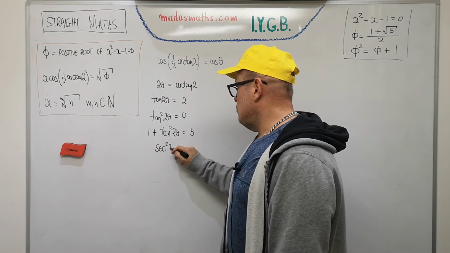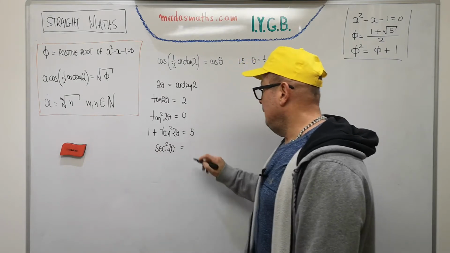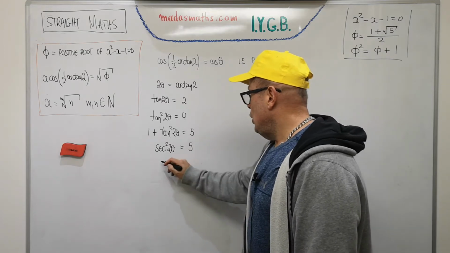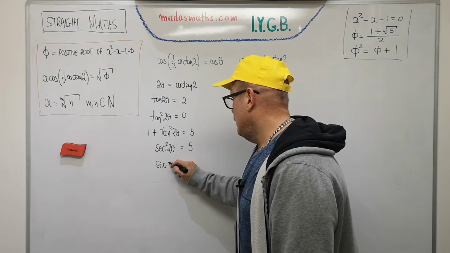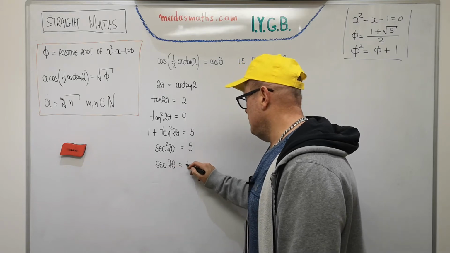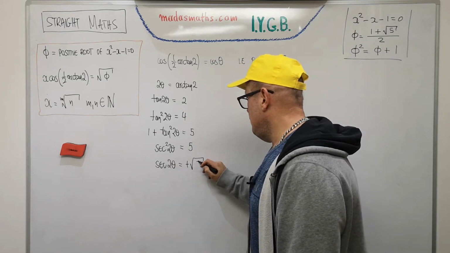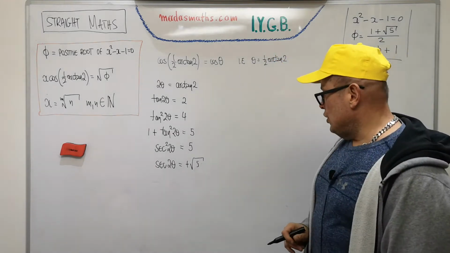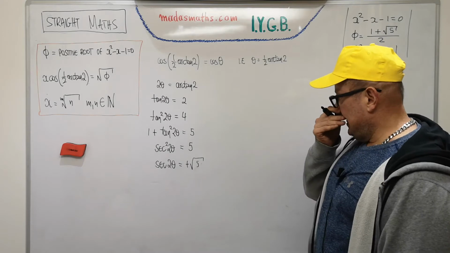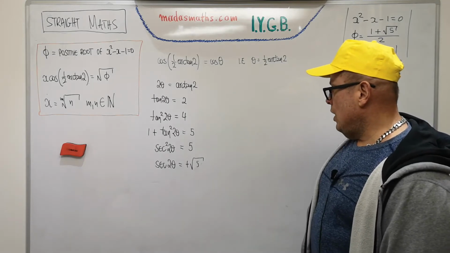sec squared of 2 theta identity, is equal to 5, which means the sec of 2 theta is the positive square root of 5. We're working with inverse trig, which is defined for positive. It's a 1-to-1 function. There's no minus in this particular case. So where do I go from that?